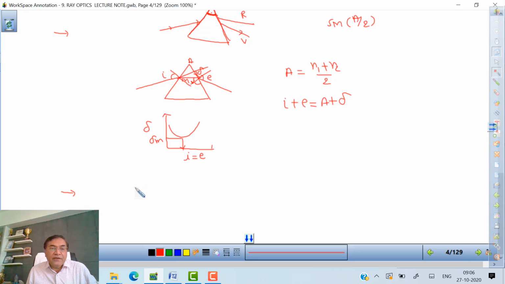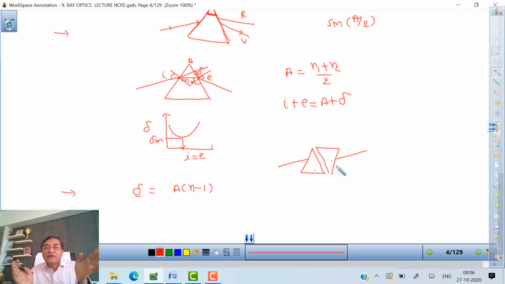If prism angle is small, then we have the formula delta is equal to (n minus 1) A for a small prism angle. When you put two prisms together like this, if both prisms are identical, then there is no deviation and no dispersion. No dispersion means the colors do not separate. No deviation means no bending.